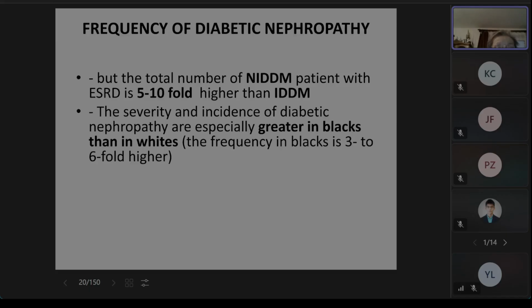As regards race, it is found that the severity and the incidence of diabetic nephropathy is much greater in Black individuals than in white individuals. And the frequency in Black individuals is even 3 up to 6-fold higher than in white individuals.